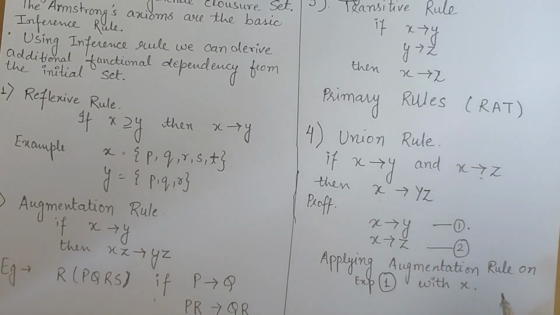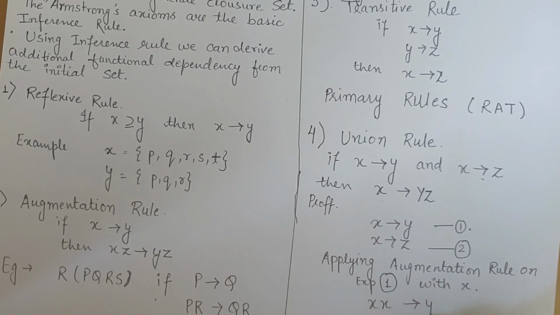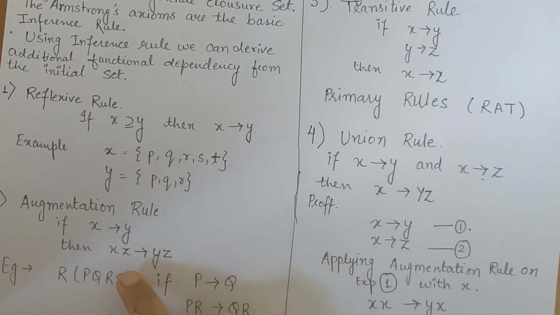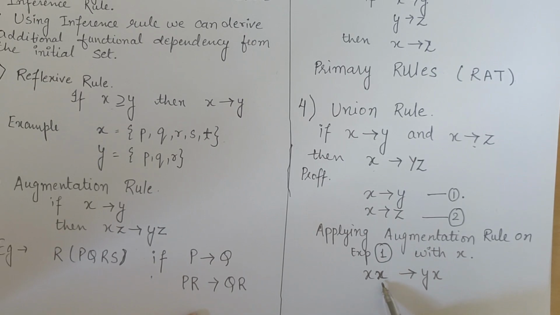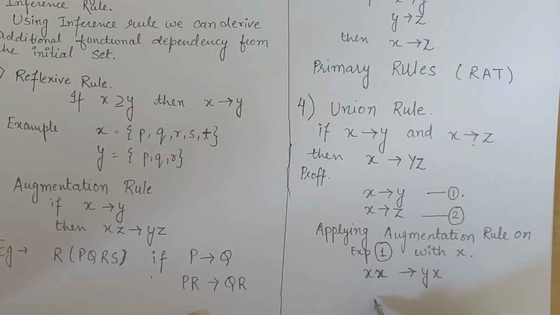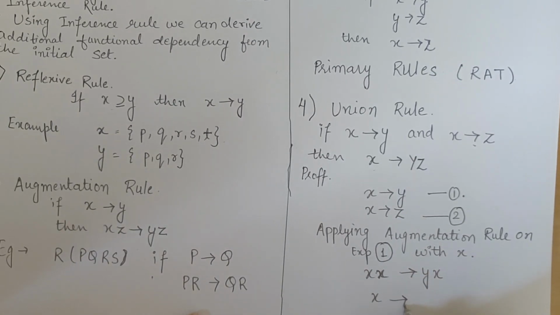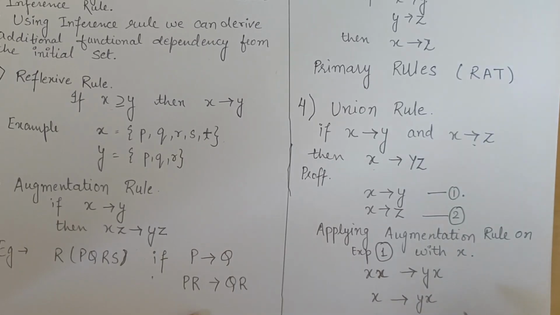So xx determines yx according to this. For any z, if it is possible, then for any x also it's possible, right? xx, the same element, is nothing but x. So x determines yx, right? So this is my third expression.